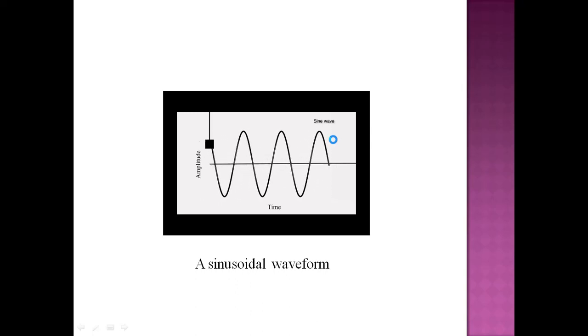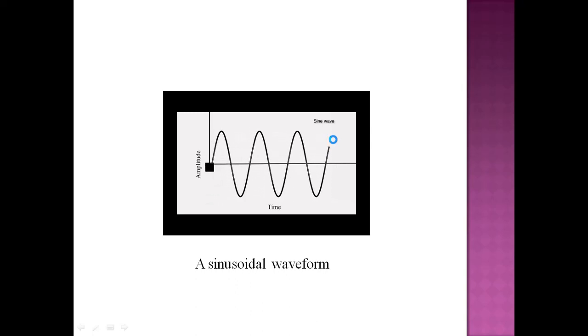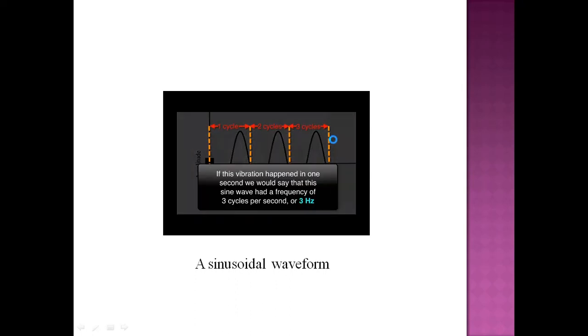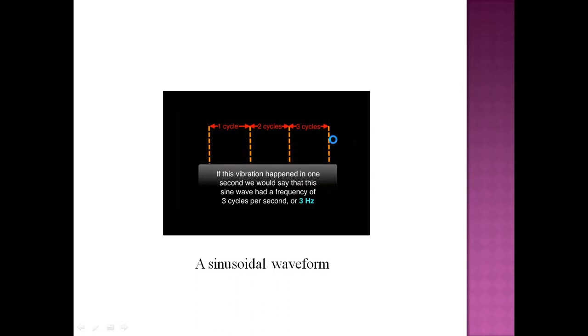It is undergoing simple harmonic motion, whereas the wave gets propagated forward. So one wave, that is a negative and a positive, is one cycle. We have 3 cycles altogether. And if these 3 cycles take place in 1 second, then we say the wave has a frequency of 3 Hertz. Let us observe it once again.